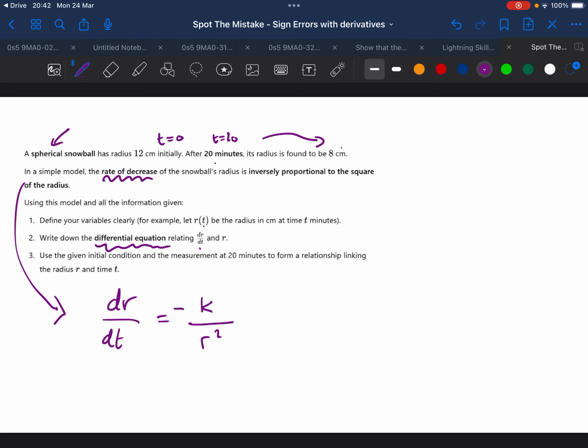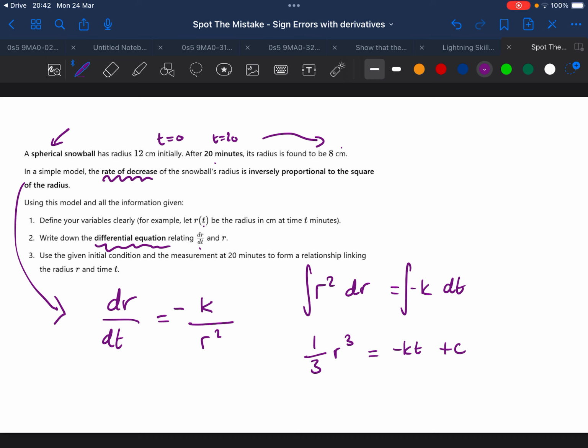So if I separate my variables, I will get r squared dr equals minus k dt. I can then integrate, and I'm going to get a third r cubed equals minus kt plus c.